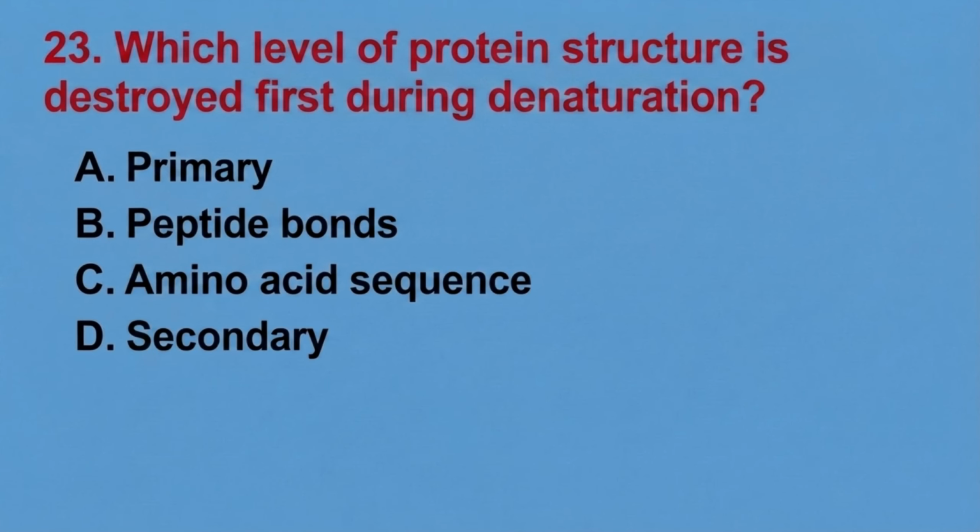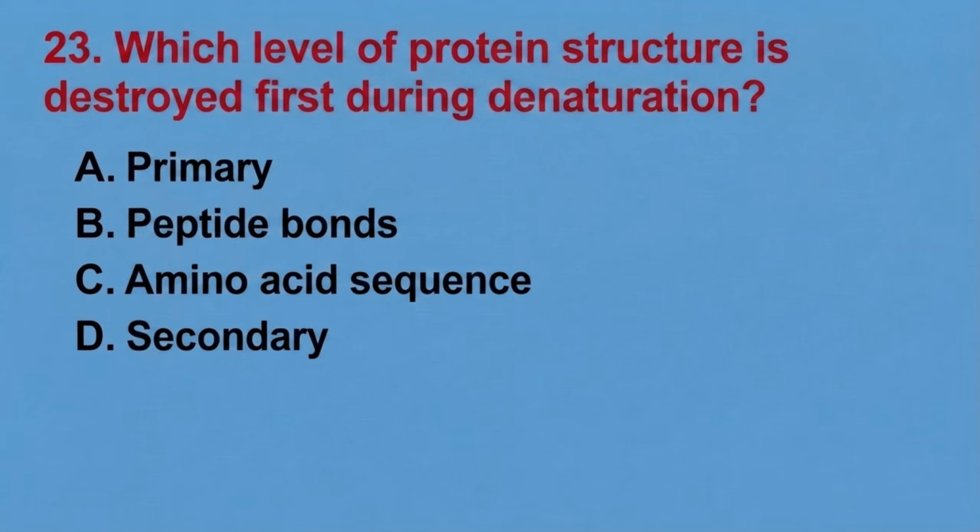Question 23 reads, which level of protein structure is destroyed first during denaturation? I hope you still remember the levels of protein structure.